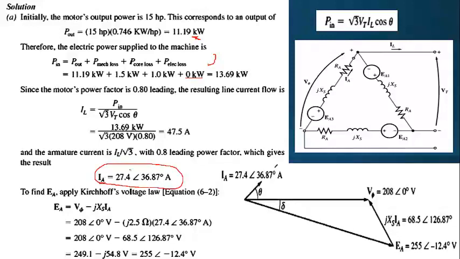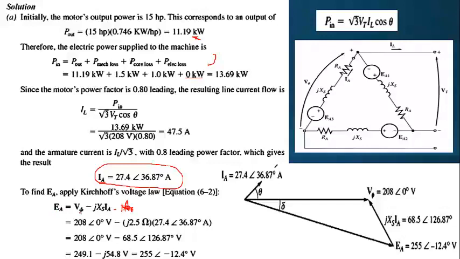Now let's see how to calculate our EA. We know from this formula EA is equal to V phase minus jXS IA minus IA RA. But since they said that RA should be neglected, this part of the formula goes to 0, so what will be left is this part. Now it's just a matter of substituting all our values, then finding our EA.